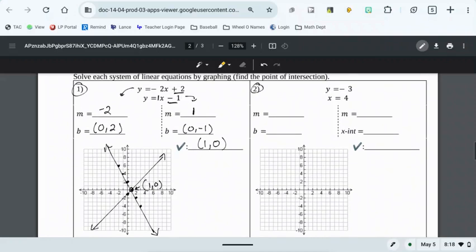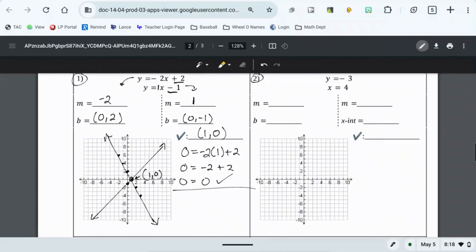The way we check is doing exactly what we did on the previous page. We're going to plug in our information for both equations. So for that first equation, it's y equals, which is 0 equals -2 times our value of x, which is 1. And then we're going to add 2. Now let's solve. So that's -2 plus 2, which is 0. So it worked out for the first one.